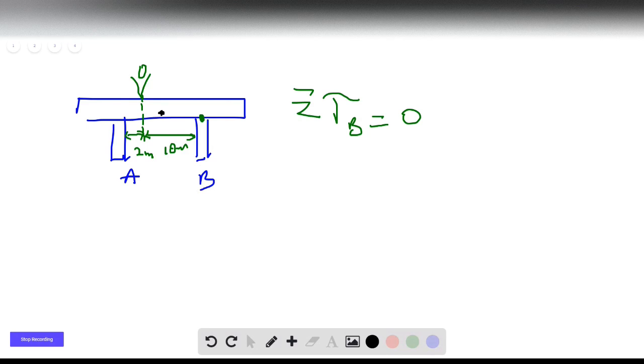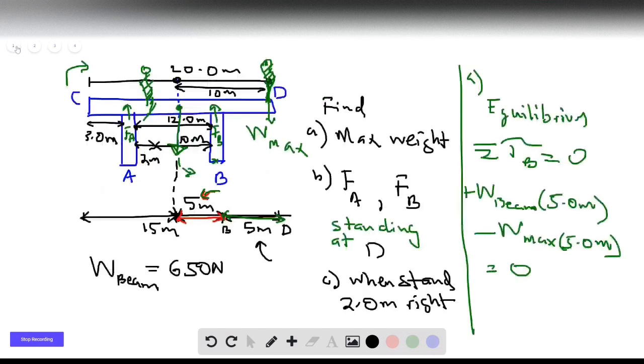There is the weight of the beam, which is counterclockwise, so that's going to be positive, the weight of the beam. And this distance, if you can recall, was 5 meters. Going back to the beginning, that distance was 5 meters right here.